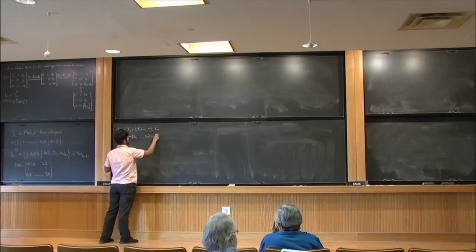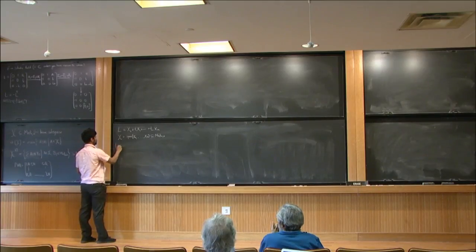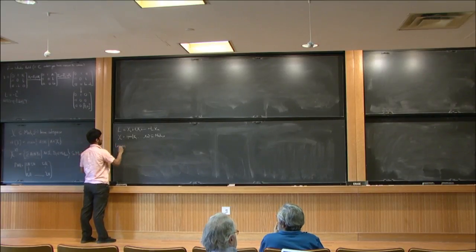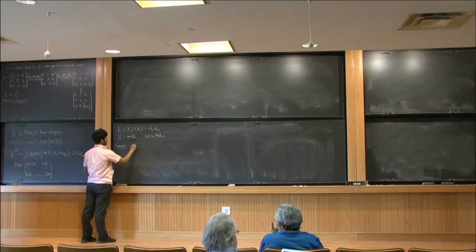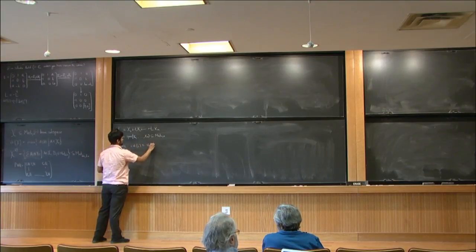These are inside n by n. And my first lemma is that the commutative rank of L is the rank of the subspace.